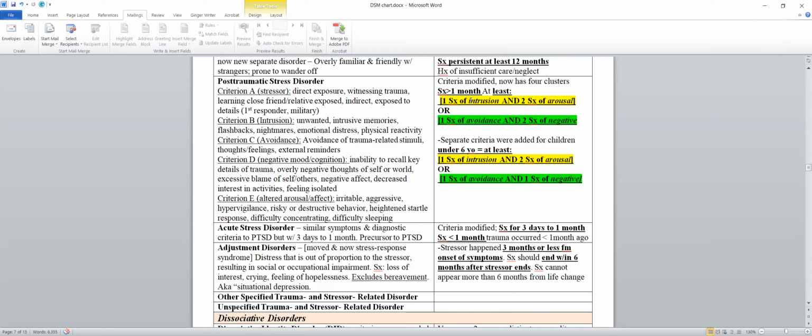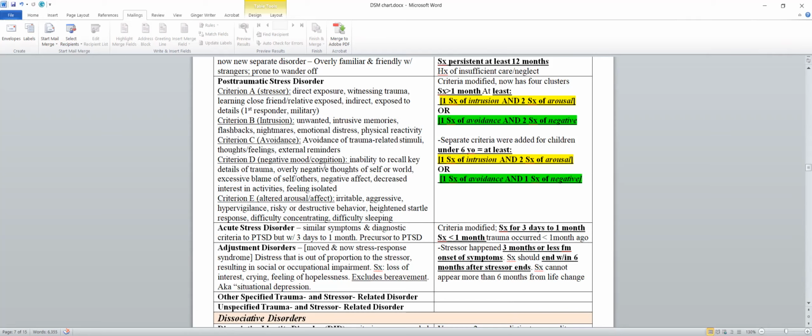So 1 symptom of intrusion, that's criterion B: unwanted intrusive memories, flashbacks, nightmares, emotional distress, physical reactivity, and 2 symptoms of arousal, criterion E: irritable, aggressive, hypervigilant, risky or destructive behavior, heightened startle response, difficulty concentrating, difficulty sleeping. Or 1 symptom of avoidance, criterion C, and 2 symptoms of negative mood and cognition.